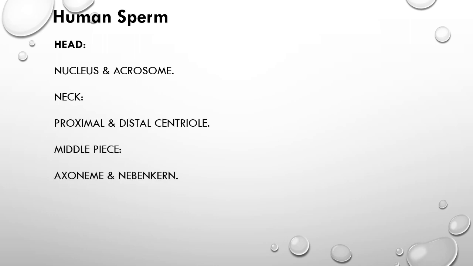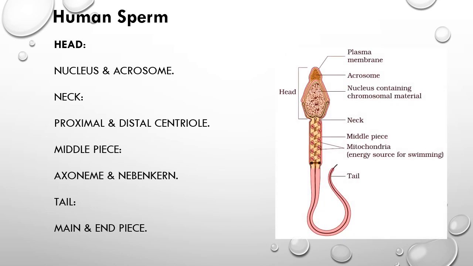As you can see in the diagram, the human sperm consists of three important parts. The human sperm is a functional motile male gamete which is produced in the testis, and it contains the paternal set of chromosomes obtained from the father, and it also helps in activation of the egg.